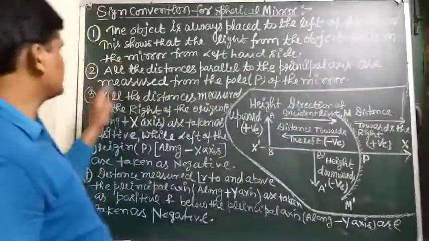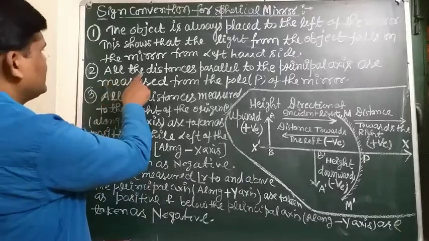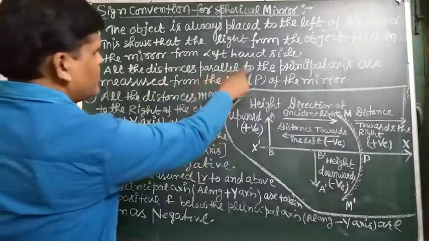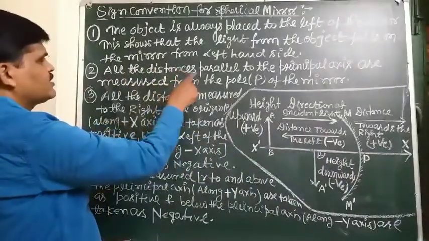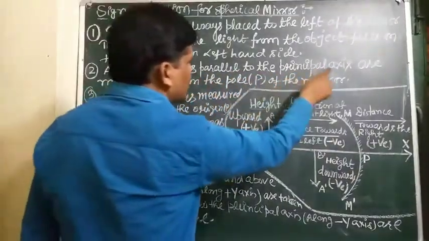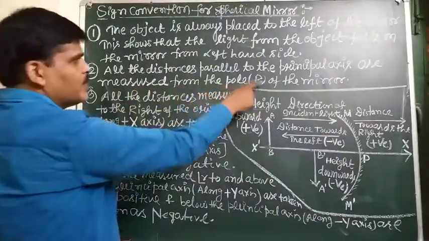Second sign convention, I have already explained to you, but listen carefully. All the distances parallel to the principal axis are measured from the pole of the mirror.